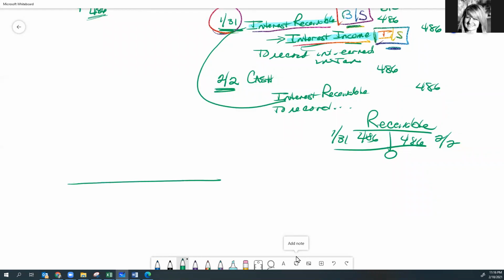We like these timelines. So on 1/31, I'm going to issue financial statements, but the last time my employees have been paid was on January 25th, but they worked on the 26th, the 27th, the 28th, the 29th, and the 30th. They worked 5 days that they have not been paid for.